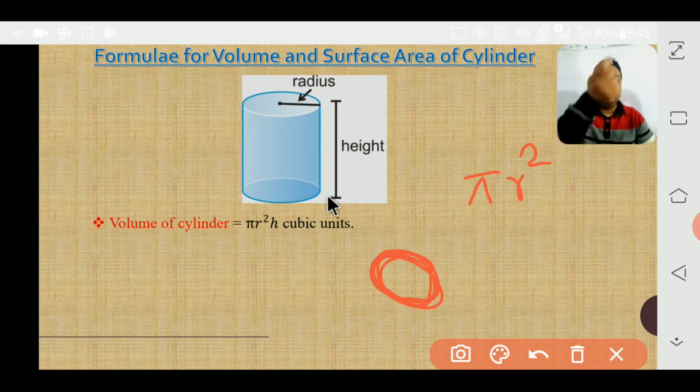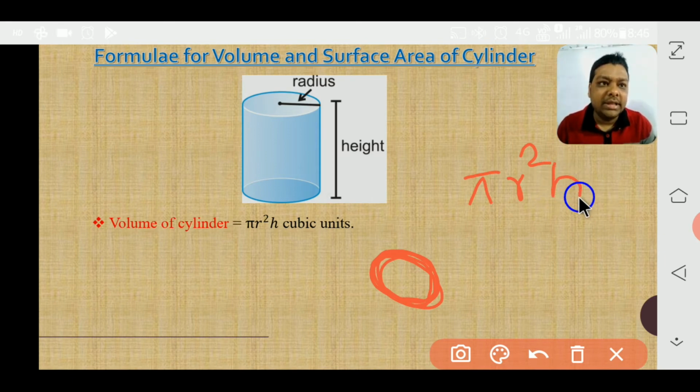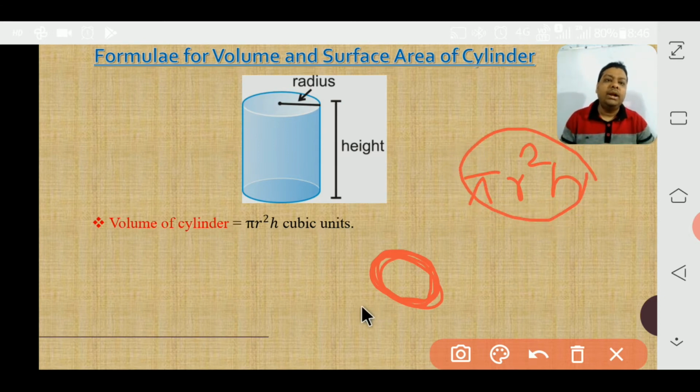So what is increasing? Only the height is increasing. So we multiply by the height, and that will be the volume of the cylinder. It means if you multiply the area of the circle with the height, you will get the volume of the cylinder.